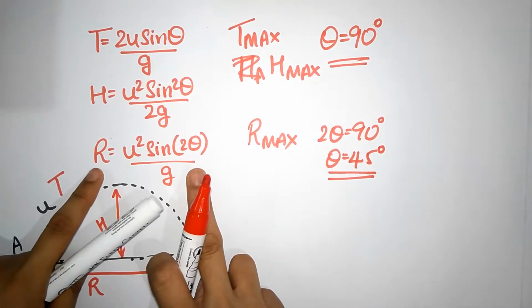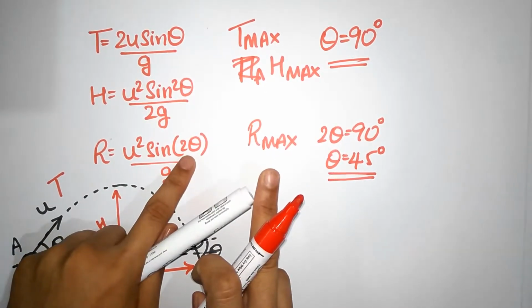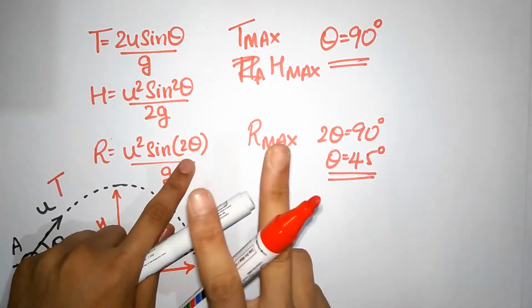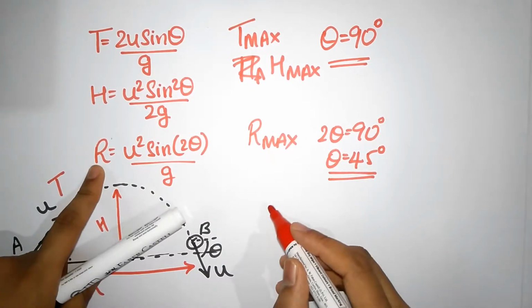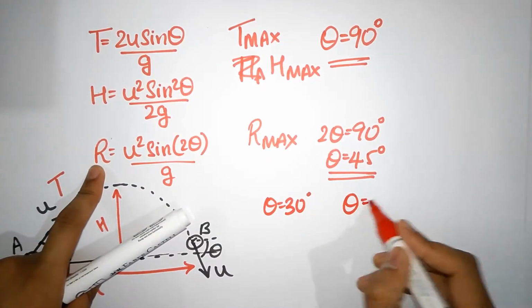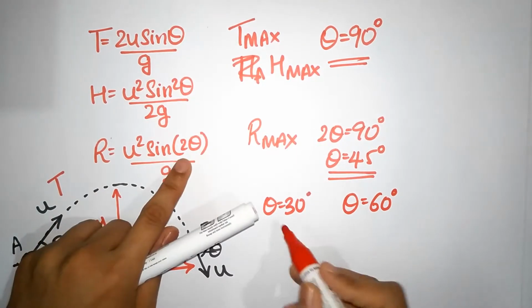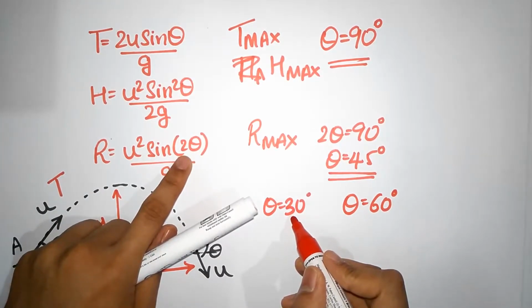And there's something else about the range. Because there is sine 2 theta inside, for 2 values of the angle you will get the same range. Let me give you an example. If you take theta as 30 degrees and theta as 60 degrees, sine of 2 times 30 is sine 60, which is equal to root 3 by 2.